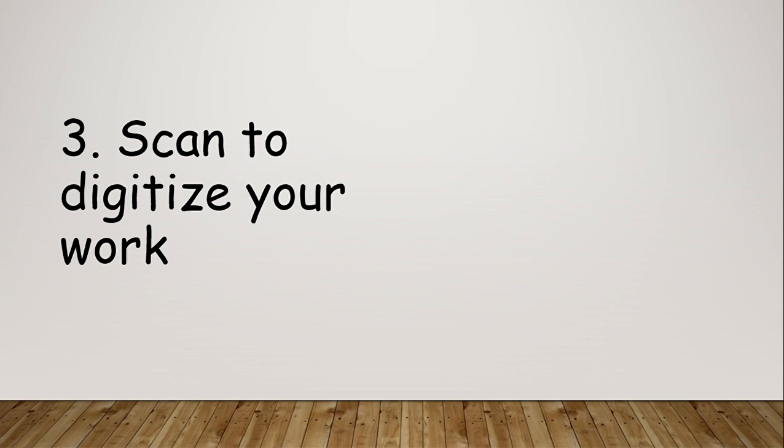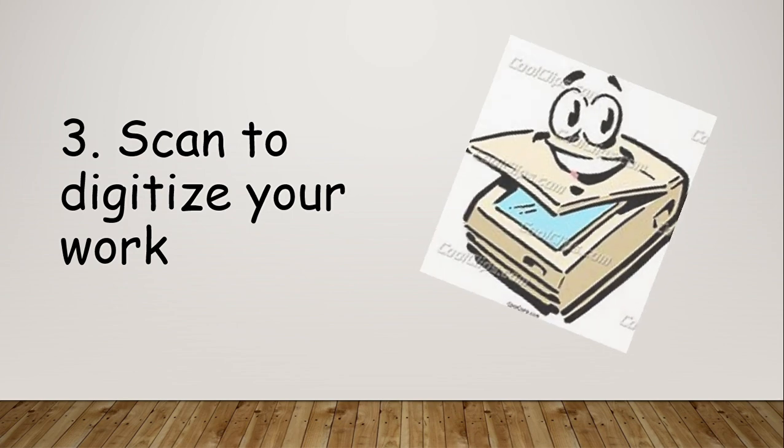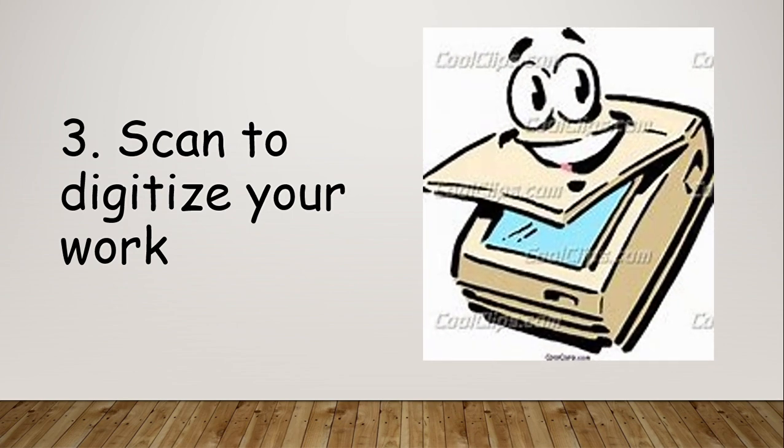We can scan through our cell phone by just downloading a scanner app, so that we can edit our drawings in the computer or in the software that we're going to use. We can just install a scanner in our mobile cell phones.